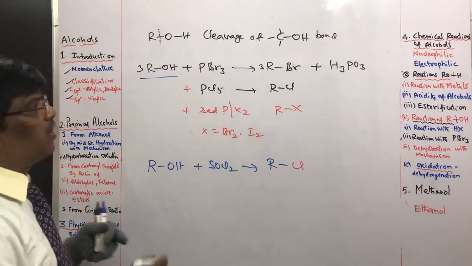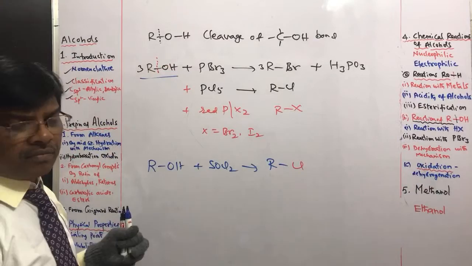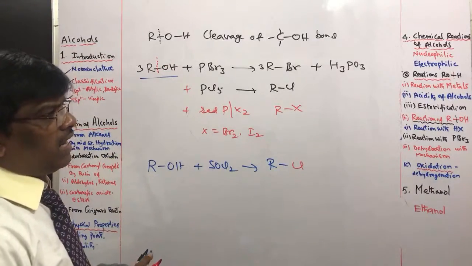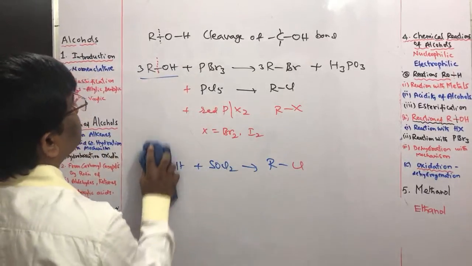This is how it is going to form halides, by the cleavage of this R and OH bond, the carbon and oxygen bond. Next, the dehydration mechanism. Let us take dehydration.